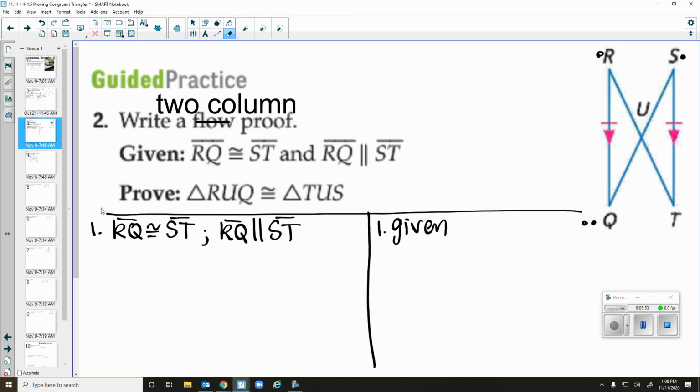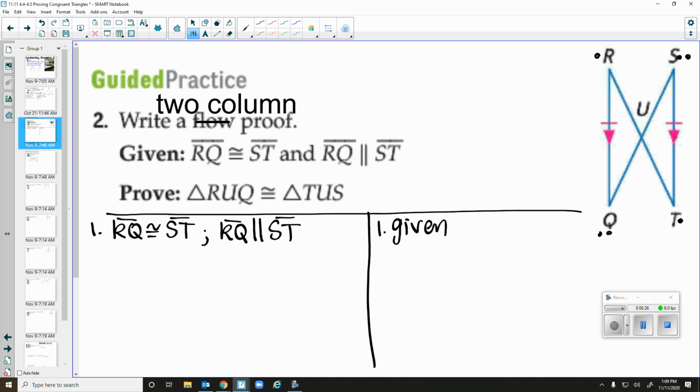Going to the congruency statement at the bottom, RUQ is congruent to TUS. I put those little dots next to it so I know what's corresponding. So when it comes to writing my proof, I know what letter I have to write first or second. It's just helpful when it comes to that proof.